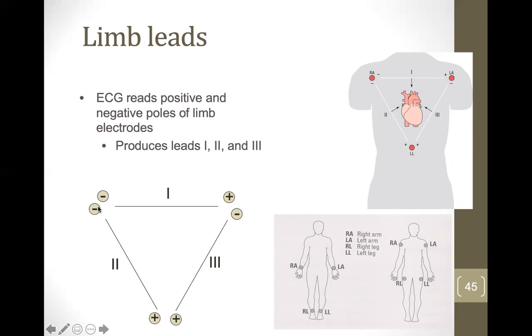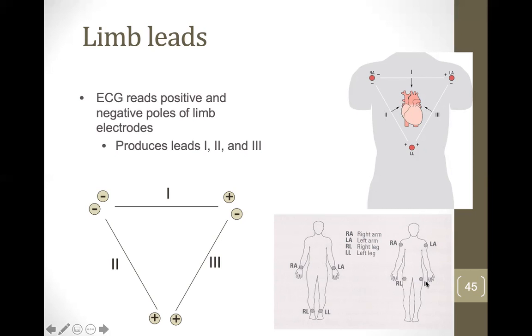Now, when you're actually putting electrodes on, we need a grounding station as well when it comes to electricity. So we'll have one on the right arm, one on the left arm, one on the left leg, and also, as the ground, one here on the right leg.